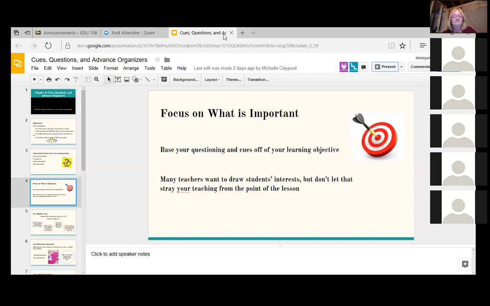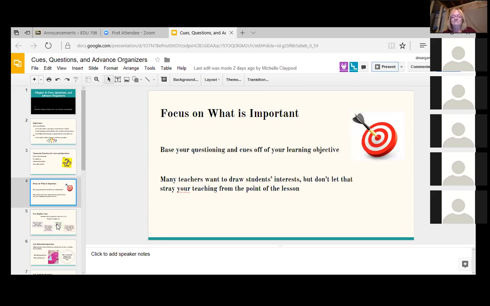And the chapter also talked about how a lot of teachers want to start with something crazy to really draw their students into the lesson. Sometimes that's a great idea if it's a new science experiment or something like that. But sometimes it tends to draw teachers away from the learning objective because they just want to talk about something that's going to really wow their kids, and then their kids get really off track.